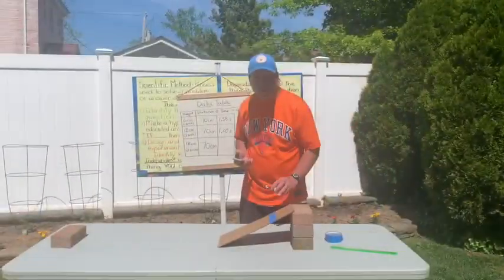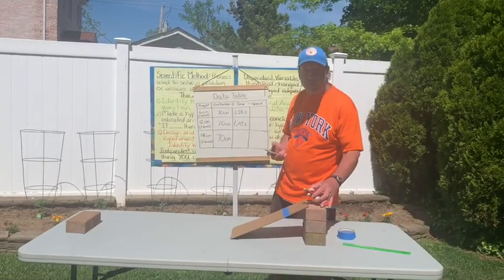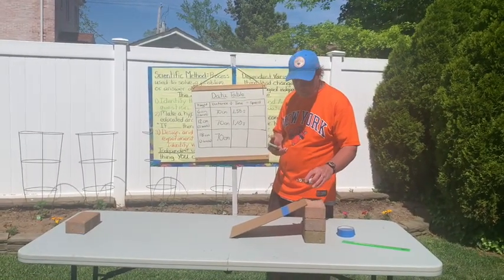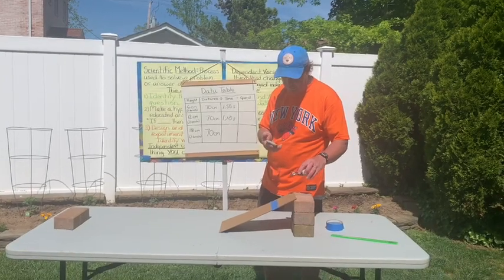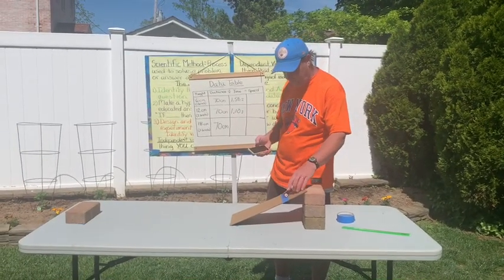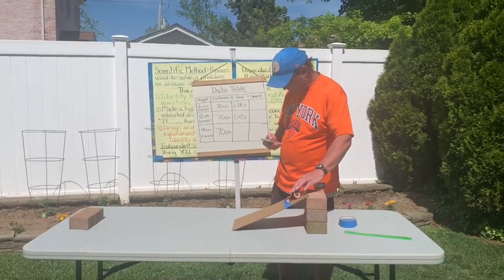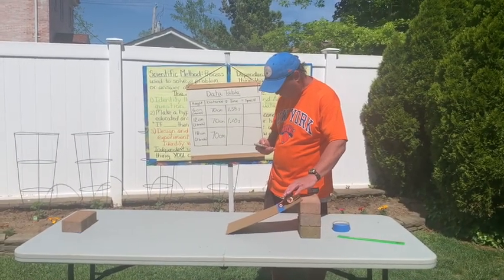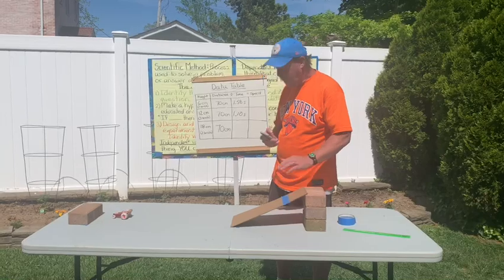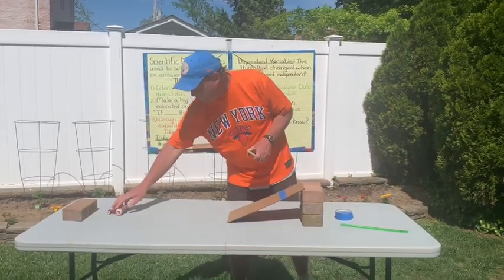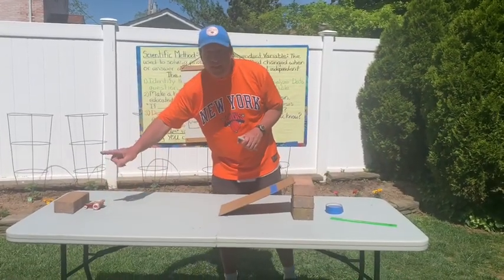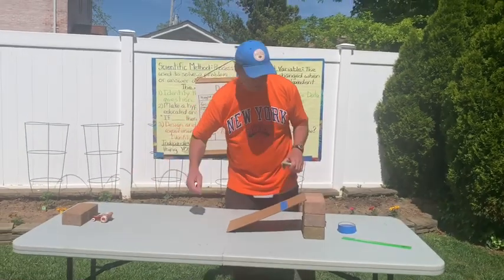So in the third trial, we are doing it now with 3 bricks. And we will measure how many seconds it takes for it to go the 70 centimeters to the brick. Let's see, 3, 2, 1, go. Okay, so for this last one, it took 0.8 seconds to get to the brick.